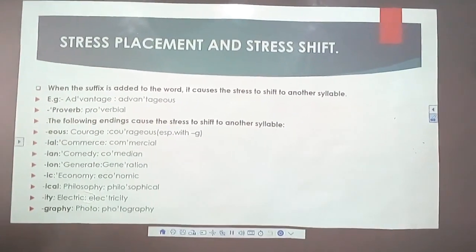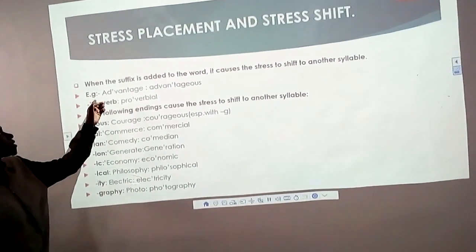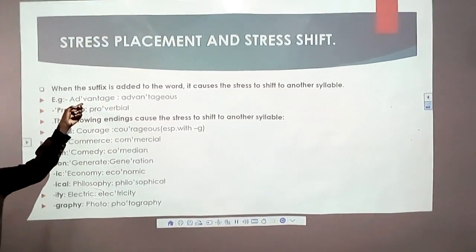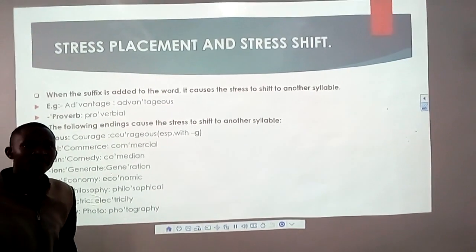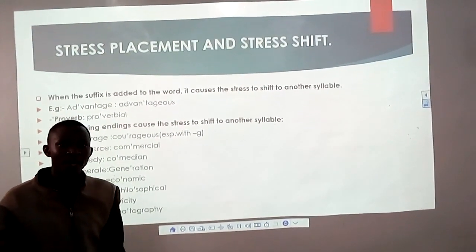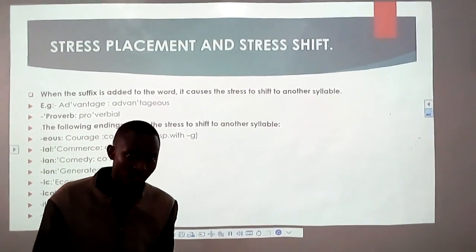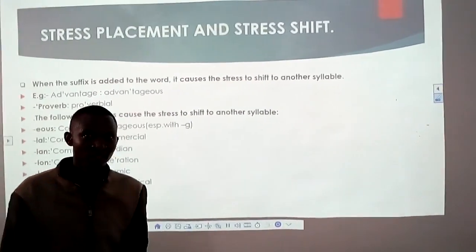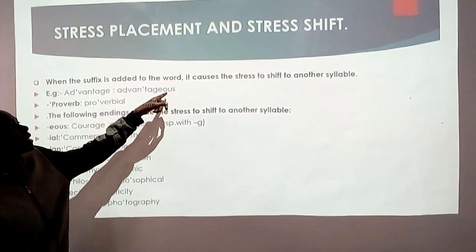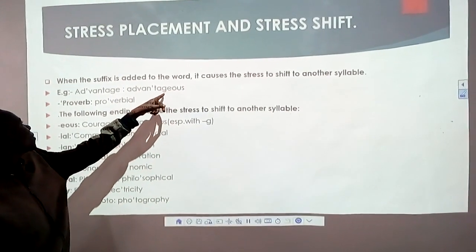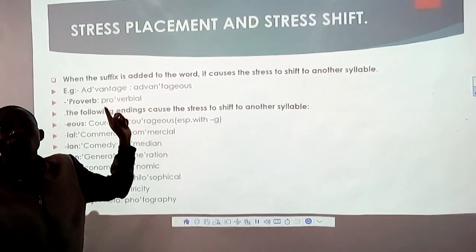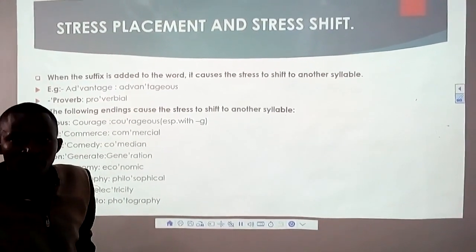Okay? Example. You see, you have been given an example here. This is advantage. We pronounce it as advantage. That's all. Then, when you add something else, like this suffix on advantage, the stress is no longer where it was before.